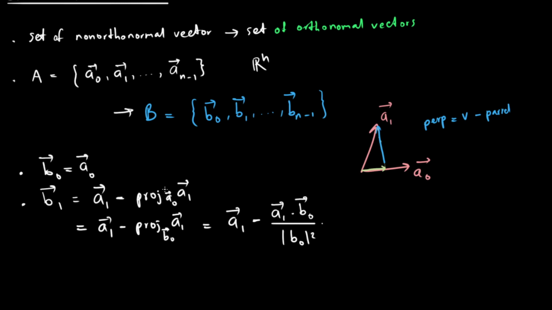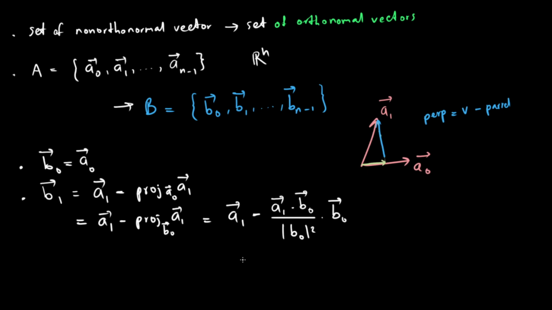Because the projection of a vector is a vector, this constant needs to multiply with another vector in order to get a vector. That vector is B0, which has a similar direction to B0 but a different length. So that's why we got this right here.